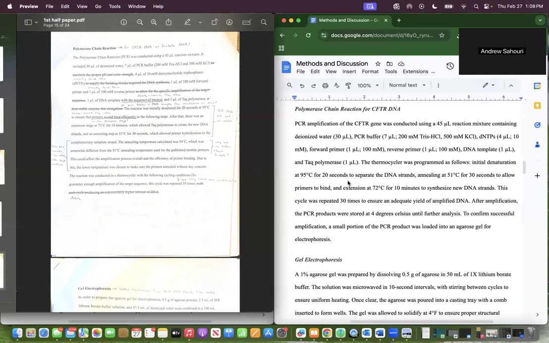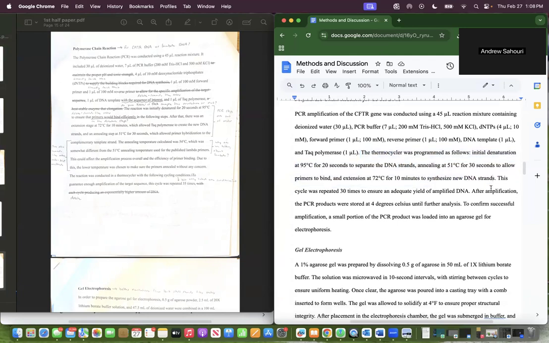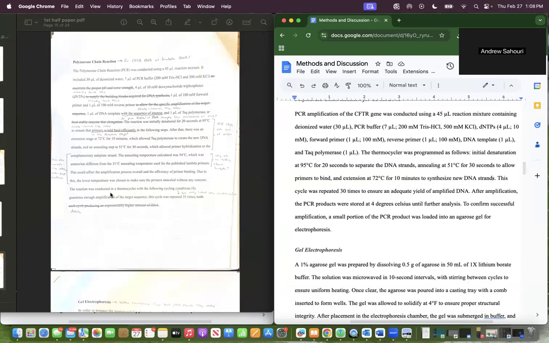So basically I just removed what was not methods and I put the PCR steps back in order.